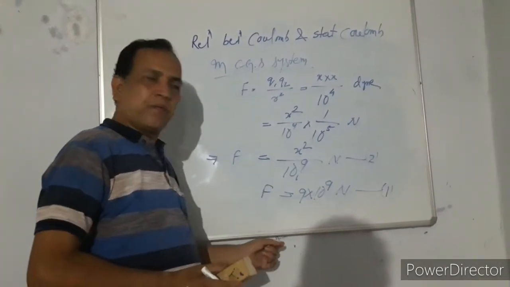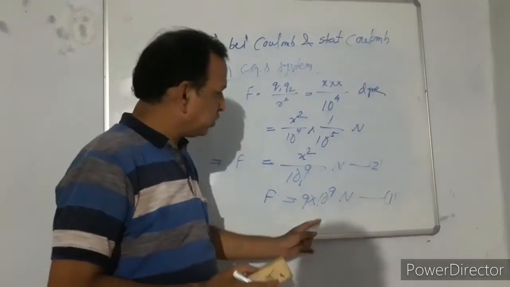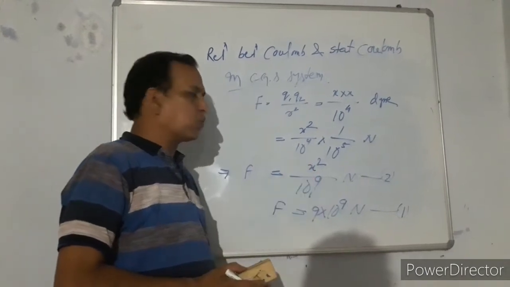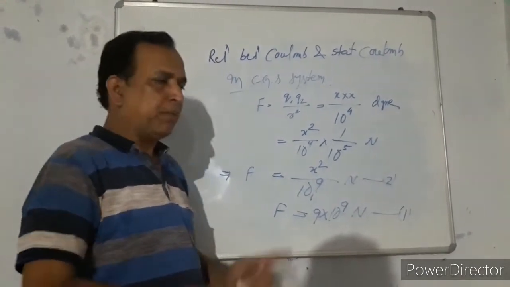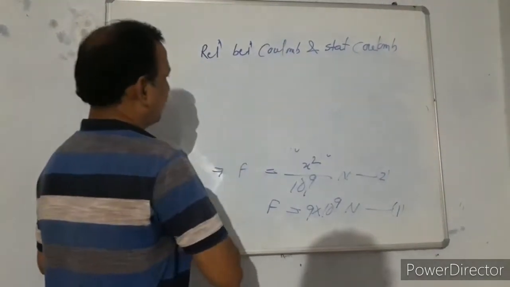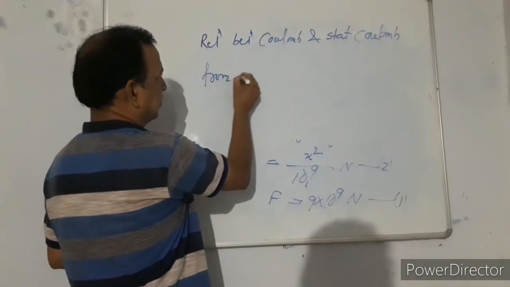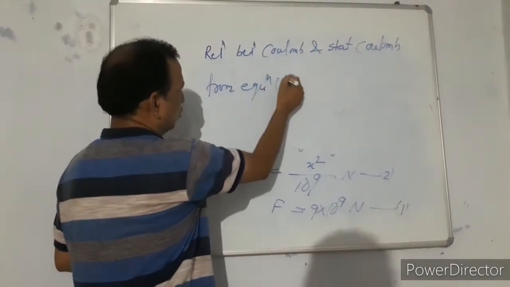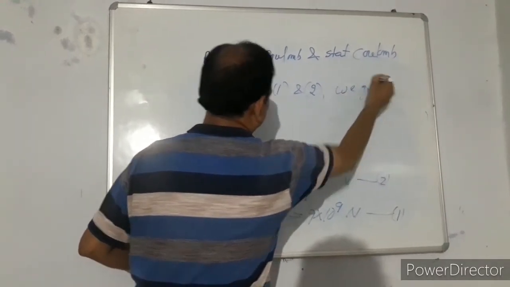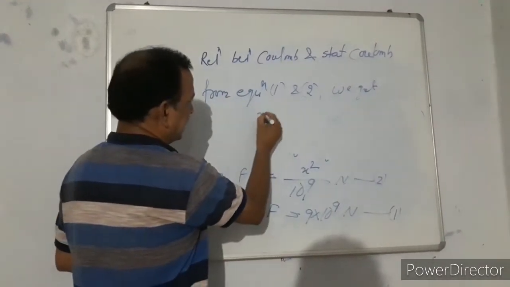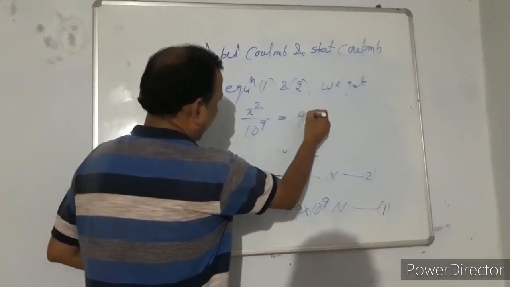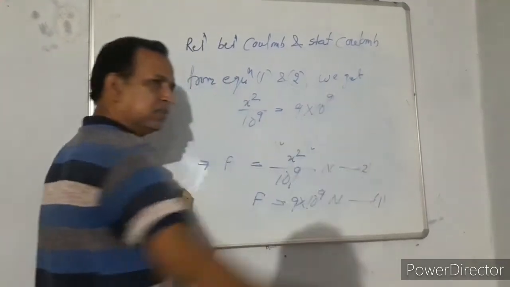So F is equal to x square by 10 to the power 9 Newton. In the first equation, F is equal to 9 into 10 to the power 9 Newton. In the second equation, F is equal to x square by 10 to the power 9 Newton. From equations 1 and 2, we get x square by 10 to the power 9 is equal to 9 into 10 to the power 9.